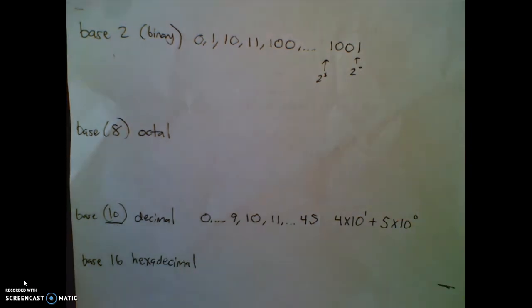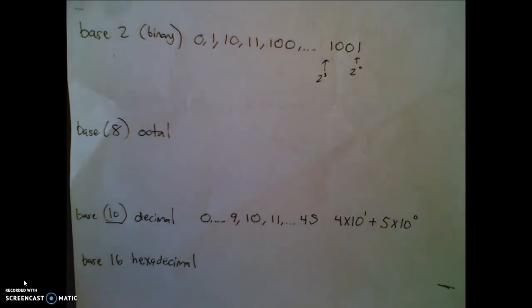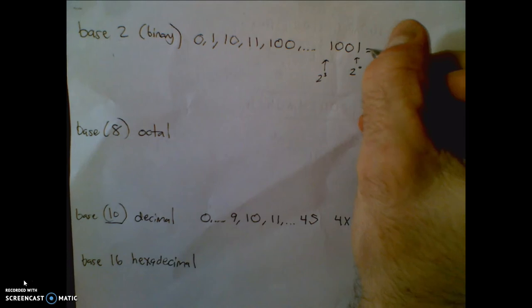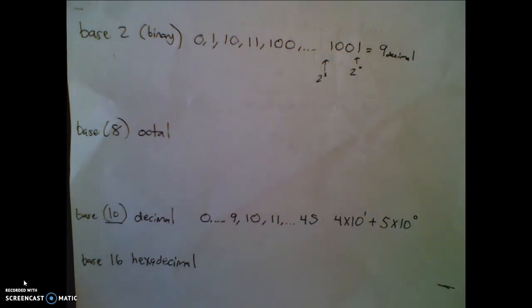So this is an 8 plus a 1, which is 9. So this is 9 in decimal. Okay, so 1001 would be equal to 9 in decimal, or base 10. And all of them work the same. So if you understand that concept, then it's easy to go from system to system.